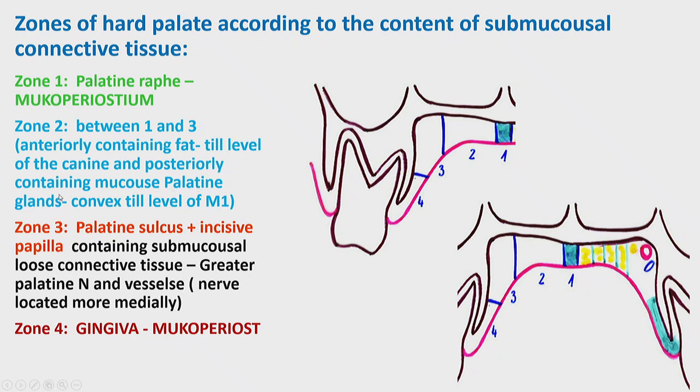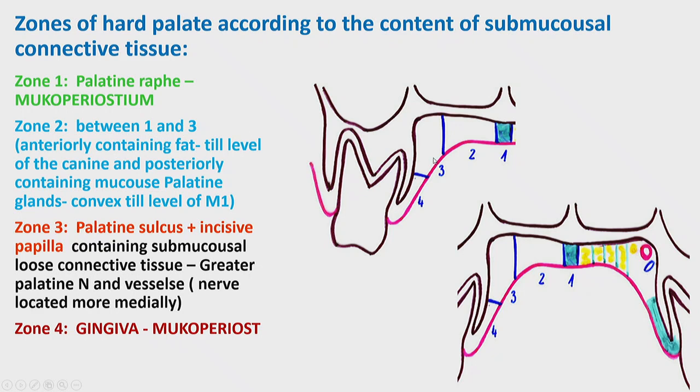In the palate, we have several glands that secrete mucin, the minor salivary glands, the palatine glands in the soft and hard palate. These glands have a convex shape and reach till the level of the first upper molar. So this is zone number 2.